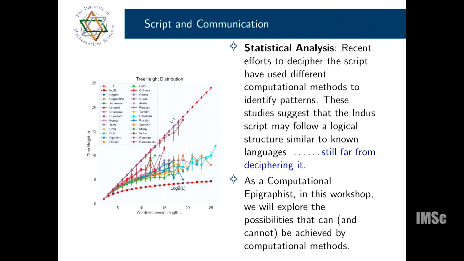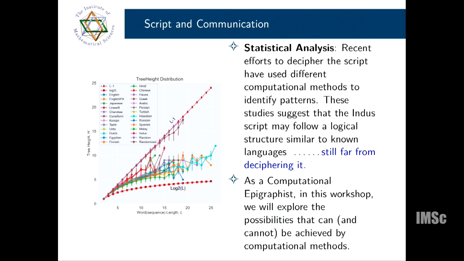Since we don't have long texts, we don't have continuity, we work on the known systems, try to find patterns and match them. We have seen that the behavior of the Indus script is very similar to what known systems show. But at the end, it is still not deciphered. Nothing is done, so we are still very far from that.